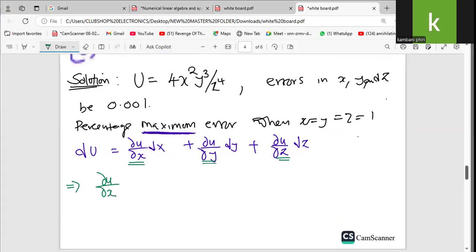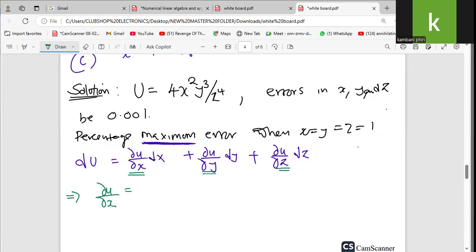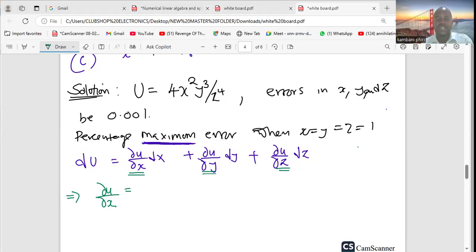So the partial u to x: we are going to differentiate u partially with respect to x, considering y and z as our constants.